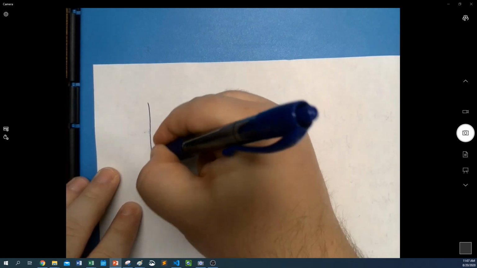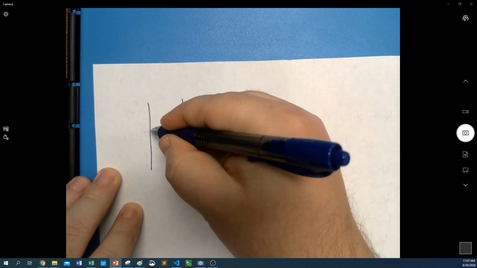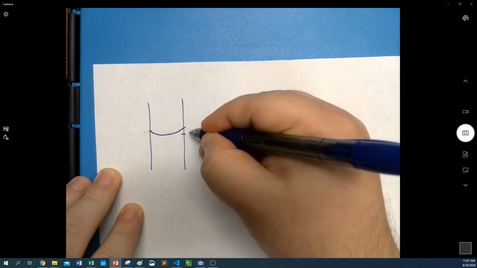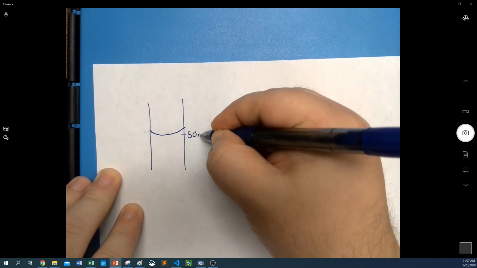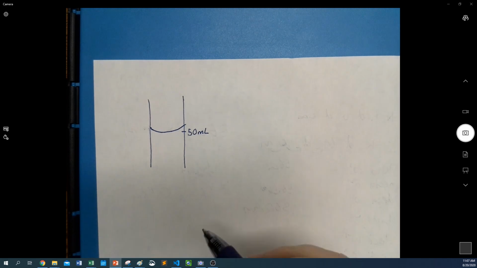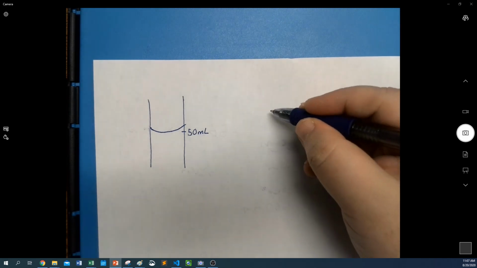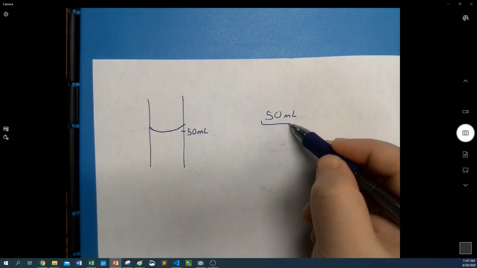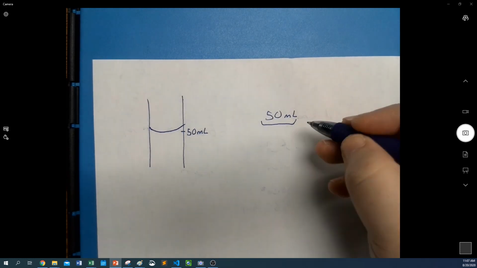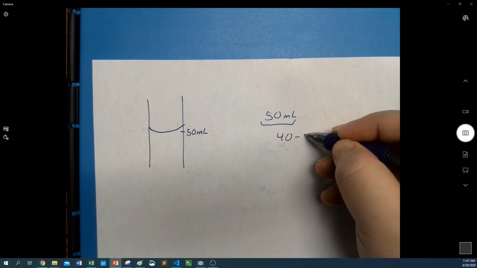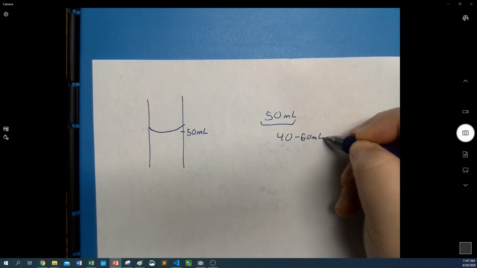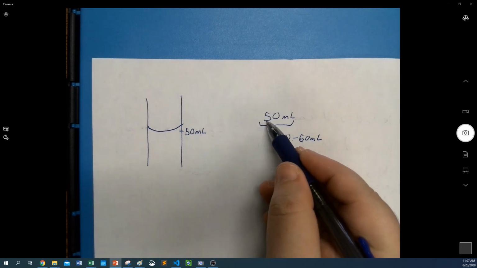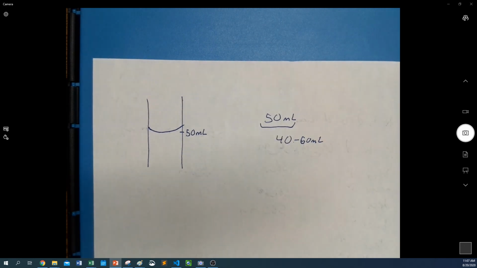So if I did a graduated cylinder, and right here is 50 milliliters, and I wrote that this is 50 milliliters, what this number implies is that it's somewhere between 40 and 60 milliliters, because the only certain digit right here is the 5. Does that make sense?